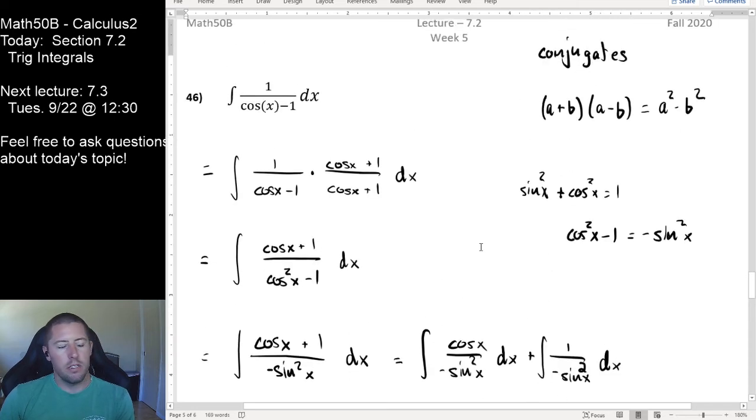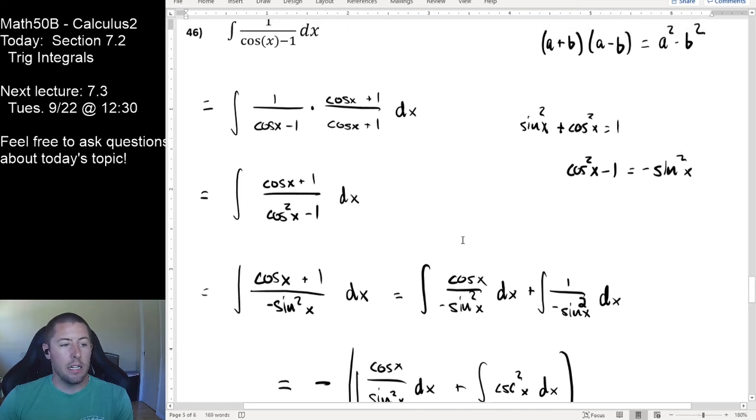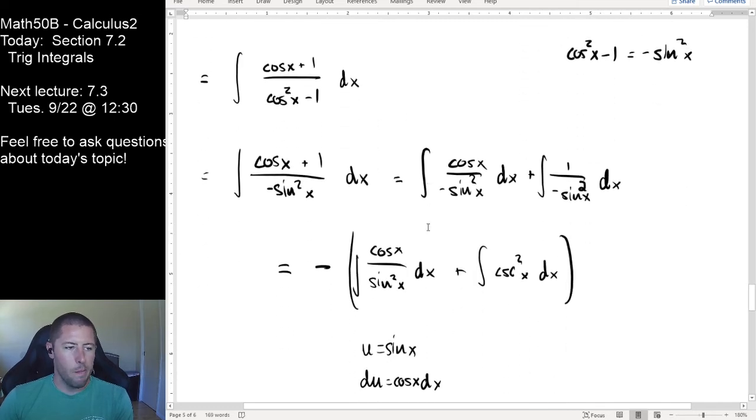If you're sitting there with your book open and you're saying to yourself, man, I could do this problem if that thing was squared, that's not just a whine. That's a good thought. That means maybe I should use a conjugate to get that stuff squared. That's our good strategy for that one. So conjugates can make non-squared terms have their squared components instead. And then we just made some swaps.